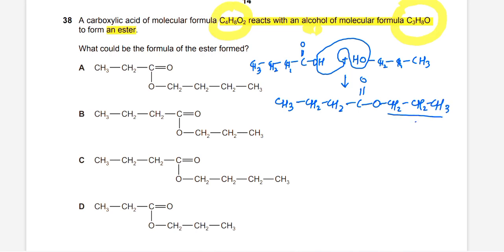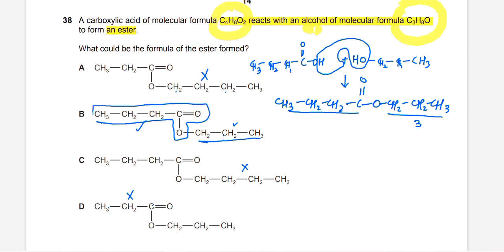With the oxygen, there are 3 carbons on the alcohol side and 4 on the acid side. So 4 carbons and 3 carbons, and this becomes propyl butanoate, from propane, propyl butanoate.